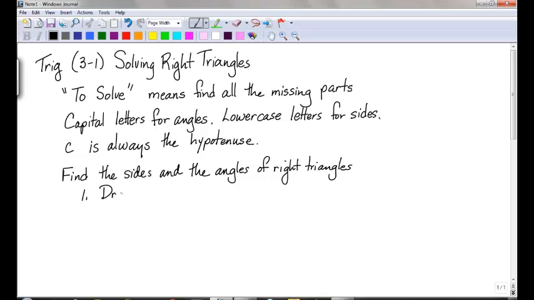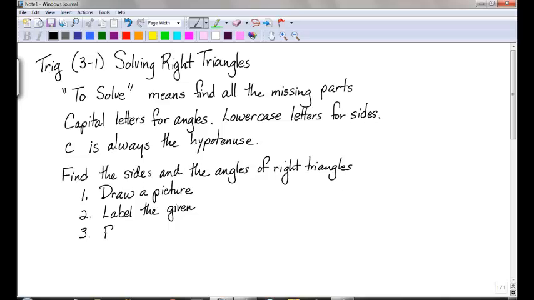So draw a picture, draw a sketch. And draw it big enough that you can see what you're labeling. Second step, label the given. And that's usually what I keep on my picture, is what was given.